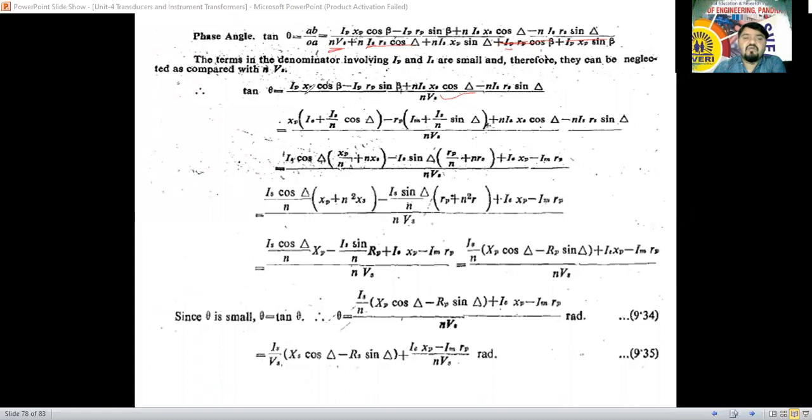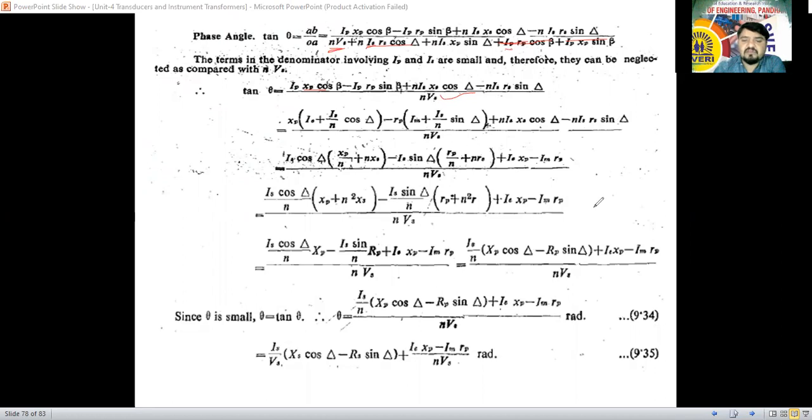From this one, you take XP outside. So XP equal to IE plus IS by N cos delta minus, RP we are going to take outside, IM plus IN sin delta. So NIS XS cos delta minus NIS RS sin delta we keep as it is.